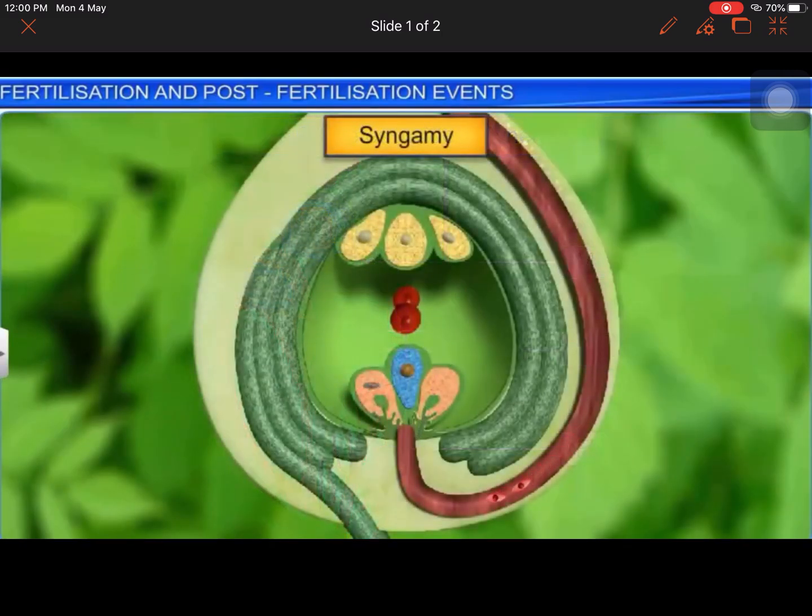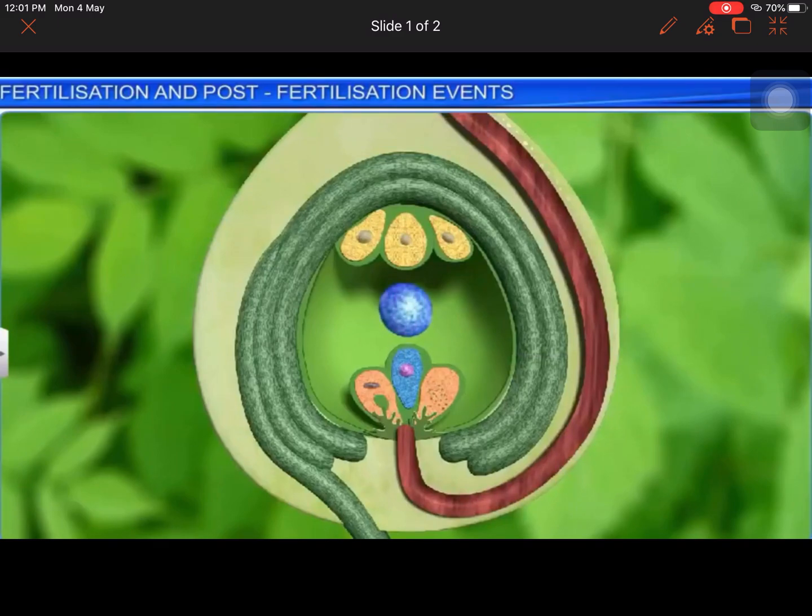Of the two male gametes, one enters the egg cell and fuses with its nucleus. This fusion, known as syngamy, or first fertilization, results in the formation of a diploid zygote. Meanwhile, the other male gamete moves towards the two polar nuclei and fertilizes them to produce a triploid primary endosperm nucleus, or PEN.